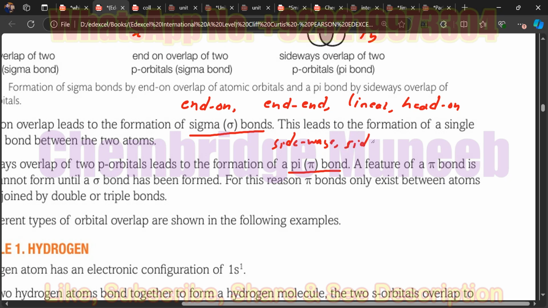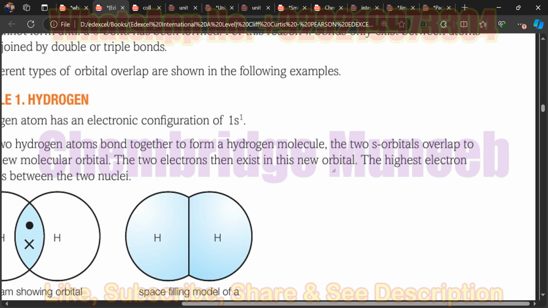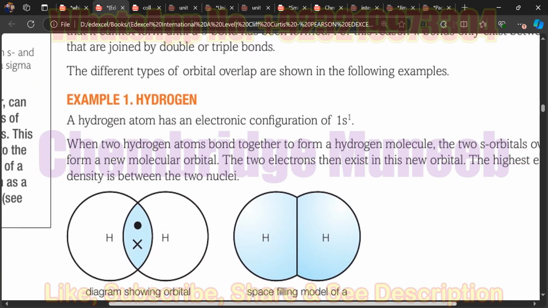You can say side to side, you can say parallel, and I hope that's all. You will say at the end overlapping, linear overlapping, head-on overlapping, and same for the pi bond, you will say overlapping. Clear? So you will use these words for the formation of the sigma and the pi bonds.